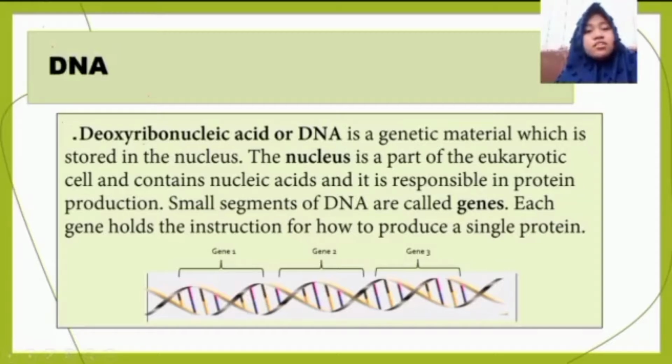It contains instructions necessary for your cells to produce proteins that affect many different processes and functions in your body to maintain an organism. The nucleus controls and regulates the activities of the cell, for example growth and metabolism. And it also carries the gene structures that contain the hereditary information.